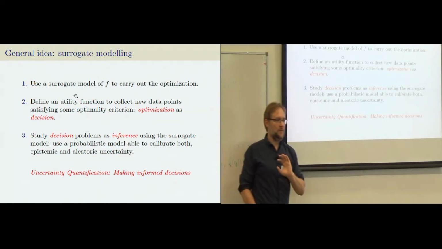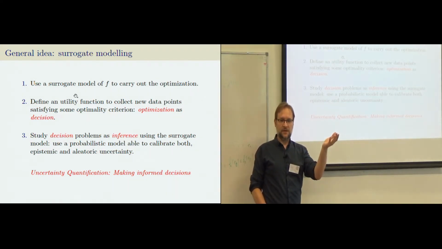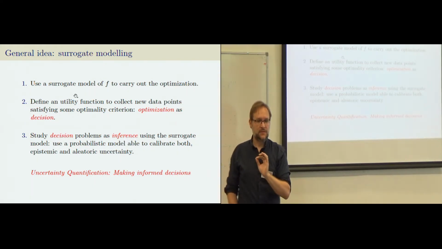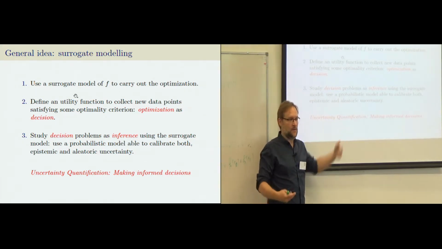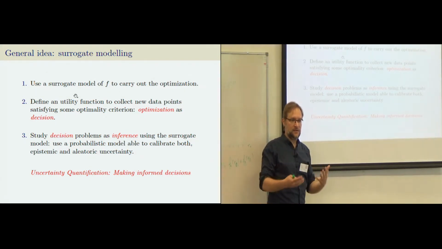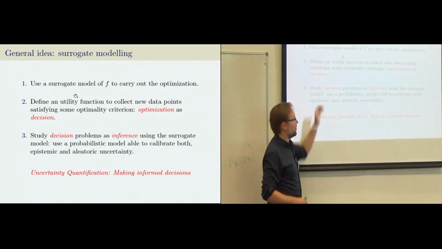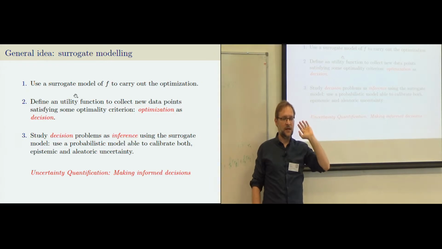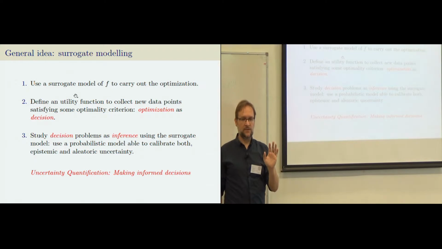And what you have done by generating these samples about the function is to transform every one of those decision problems into a problem of inference, a problem of quantifying the distribution over the object that you're interested in, which is all we always do, right? So we transform global optimization into sequential decision making, a decision problem. And each one of those decision problems, we are going to solve using probabilistic inference and Gaussian processes, right? Any questions so far?